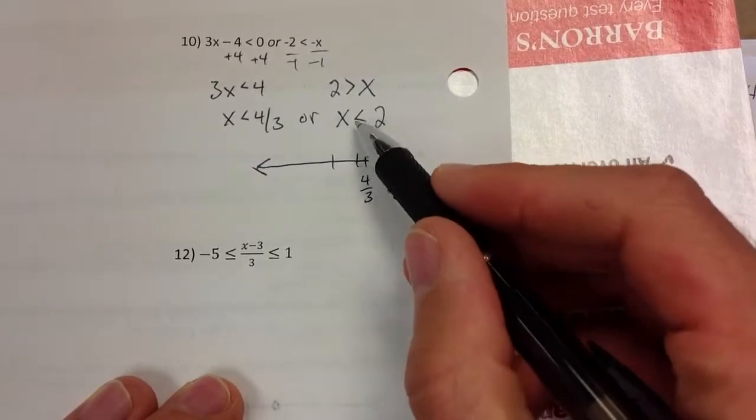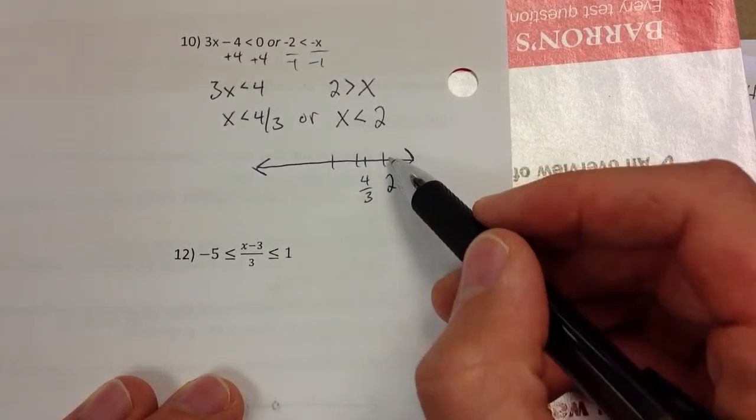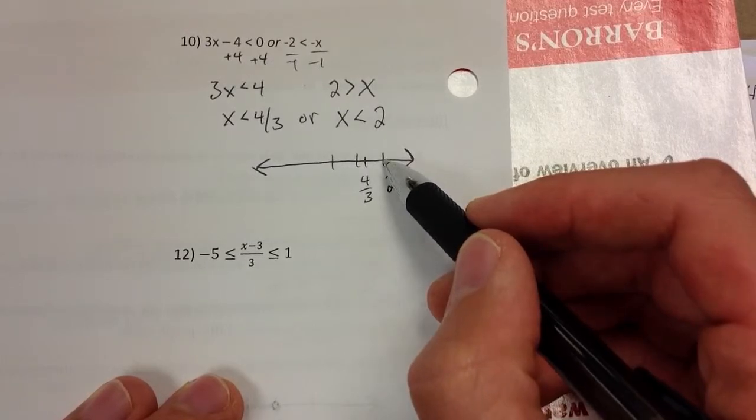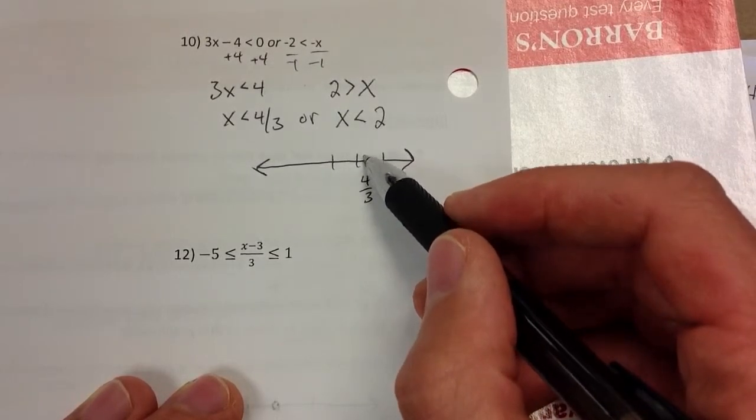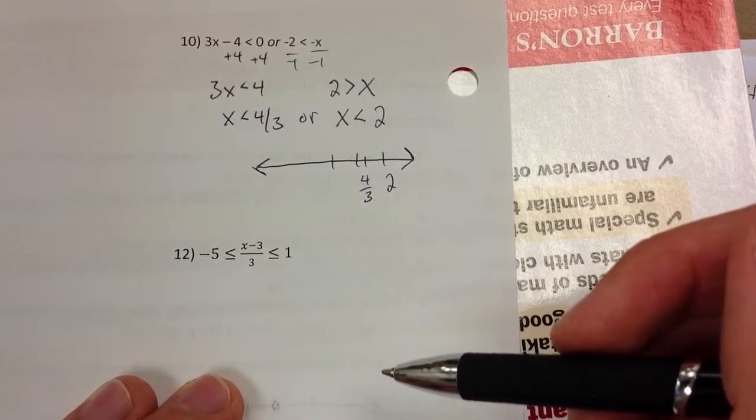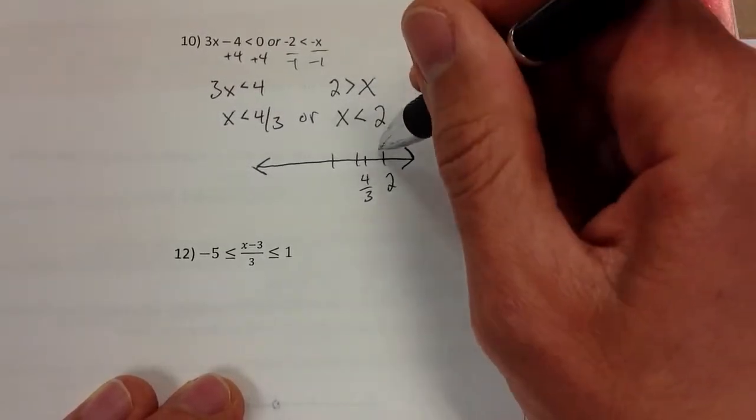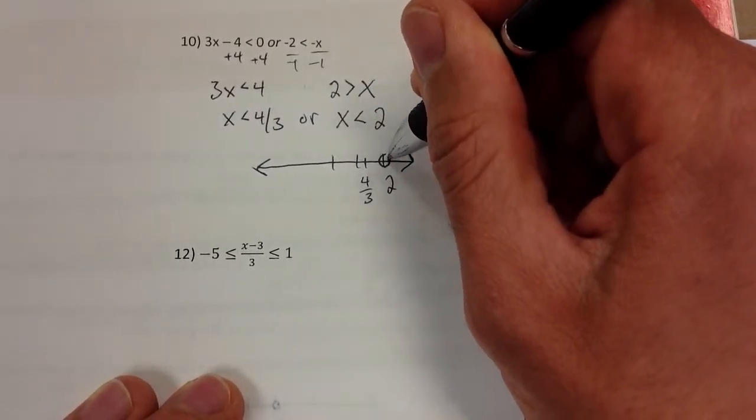So if you just say that x is less than 2, that's going to encompass the fact that it could also be less than 4/3. So this is kind of a strange or inequality, but anything can happen.